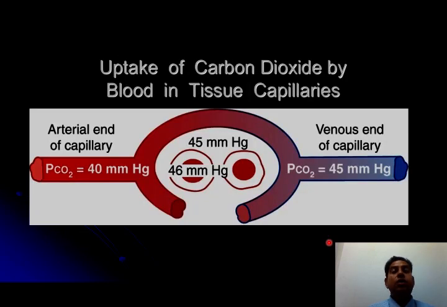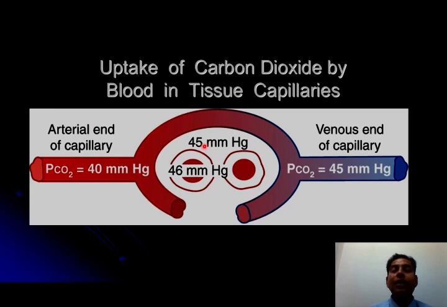Now moving on to the uptake of carbon dioxide by the blood in the tissue capillaries, we find that the partial pressure of carbon dioxide at the tissue level is 40 millimeters, which is same as the partial pressure of oxygen at the venous end. Now, if you look at the cells which are highly metabolic, they will have a partial pressure of 46, whereas the interstitial fluid surrounding the cells is at 45 millimeters mercury.